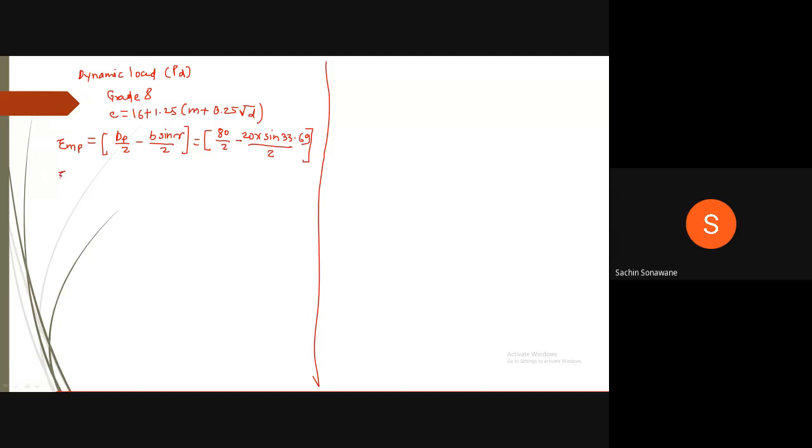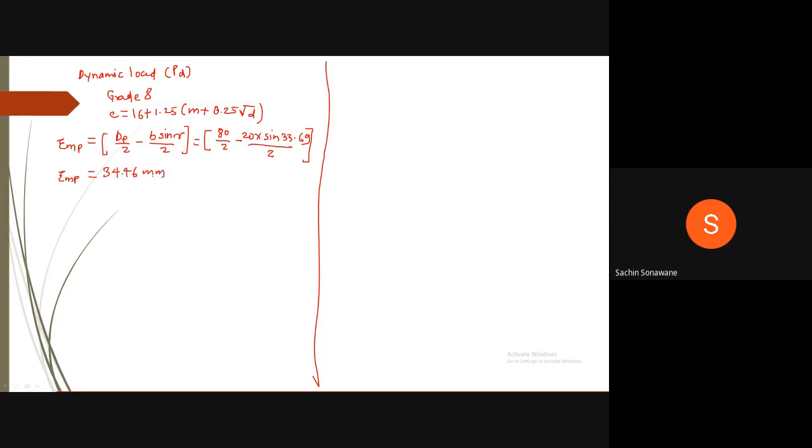Calculate RMP, the mean radius. What is the value? 34.46 mm.